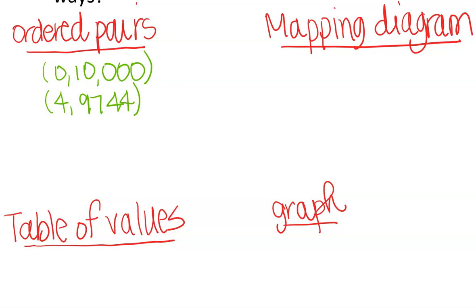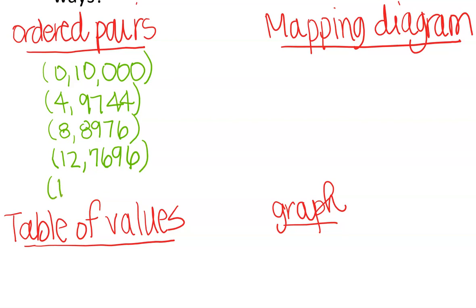And then we have 8 seconds, 12 seconds, 16 seconds. At 8, it's 8,976. At 12, it is 7,696. And at 16 seconds, it is 5,904. So basically, I took those ordered pairs from the picture. The one that was listed first was the X. The one that was listed second was the Y.